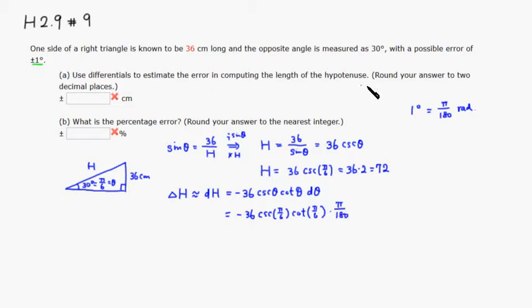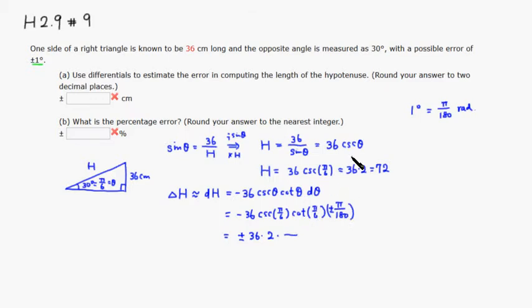Now we want to find this. Actually, this is a plus or minus. So this is plus or minus 36 times cosecant of pi over 6, the reciprocal of 1/2, so it's 2. Cotangent is cosine over sine.